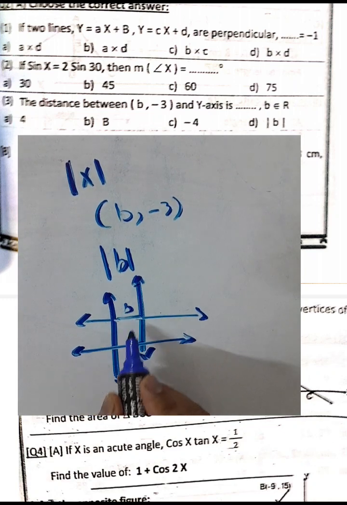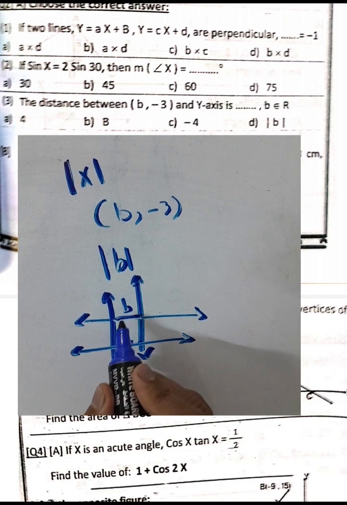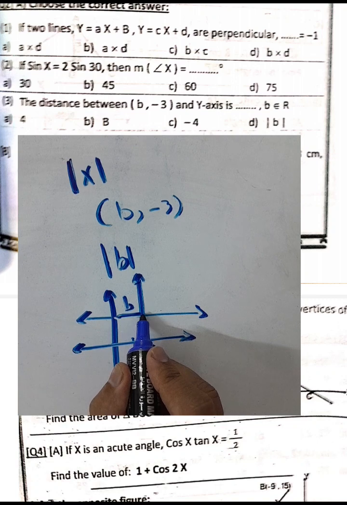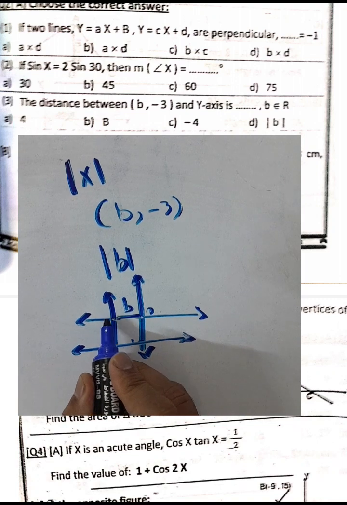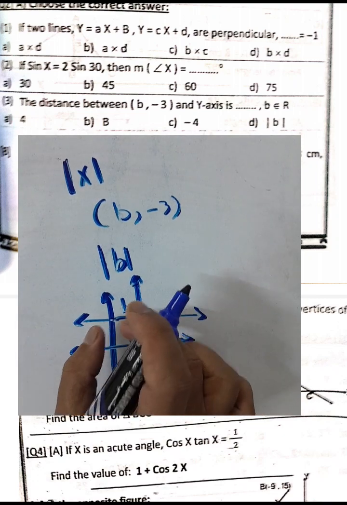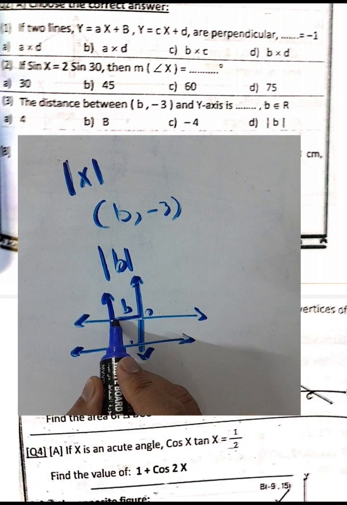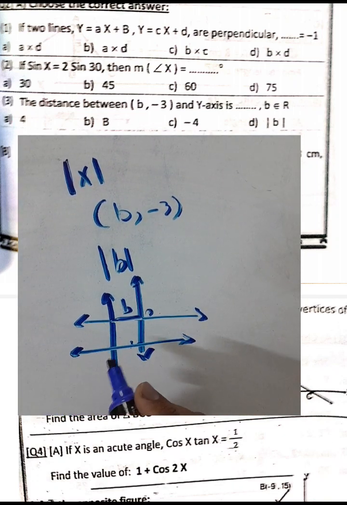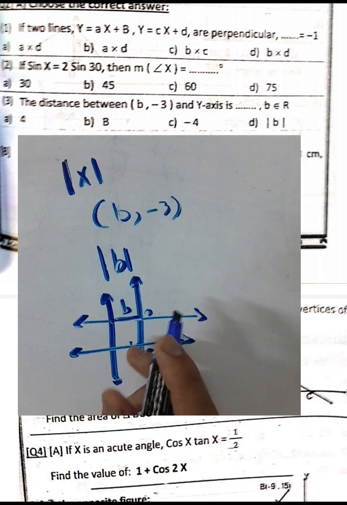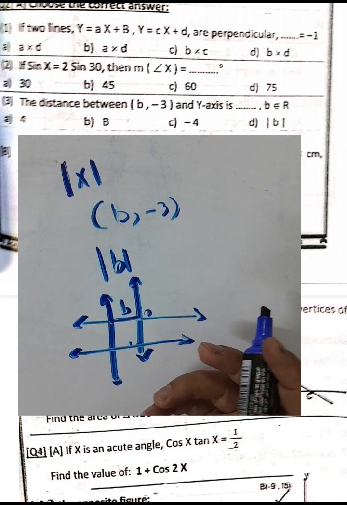We have B, this place going from 0 to B. The length, or the distance, from the point 0 to here will be B. Then the absolute value between the 2 points will be the distance, the length of this line segment B. So the perpendicular from this point to the straight line will be the absolute value of B, because this point will be negative or positive.